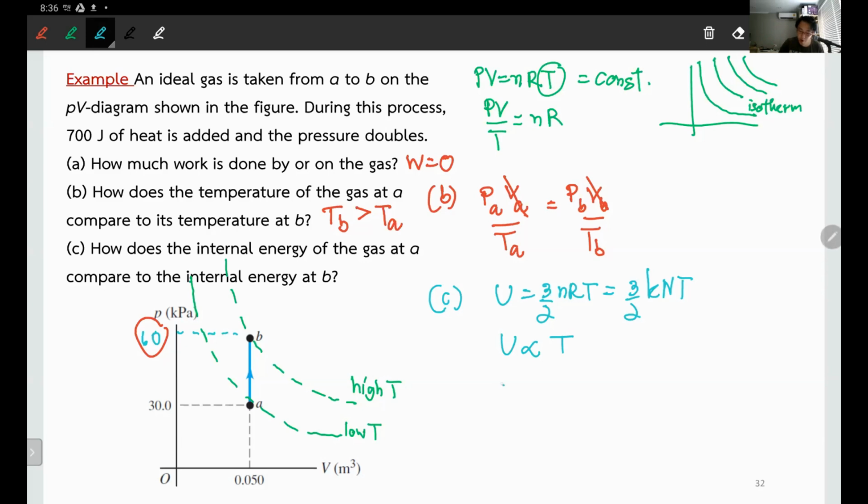So U at B will be greater than U at A. Or actually, you can say U at B will be twice the internal energy at A. All right, sounds cool. Not too bad. Kind of reminds you of things a little bit.